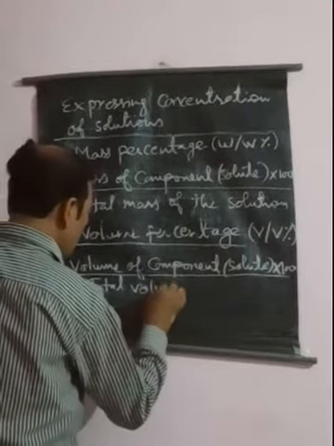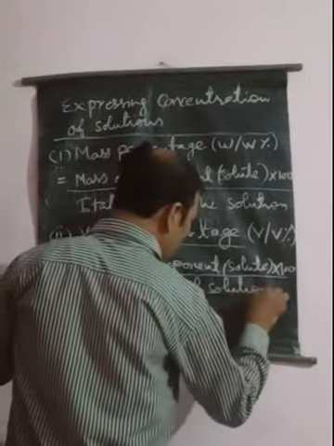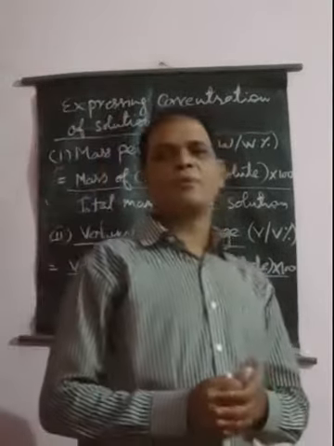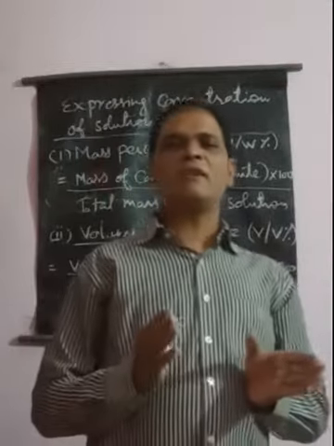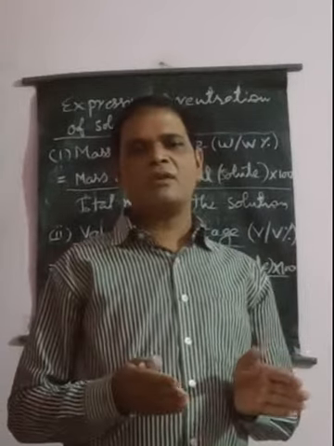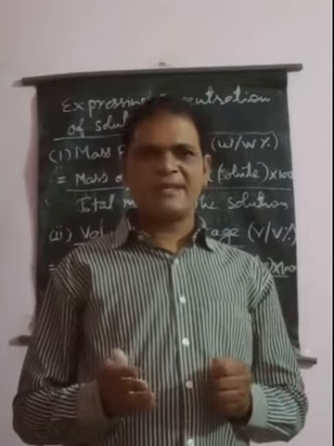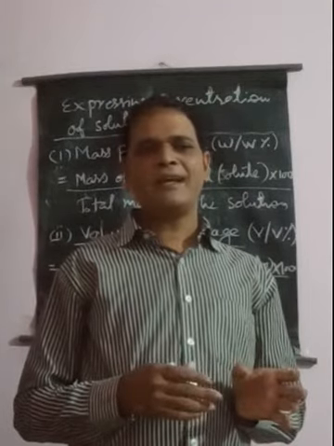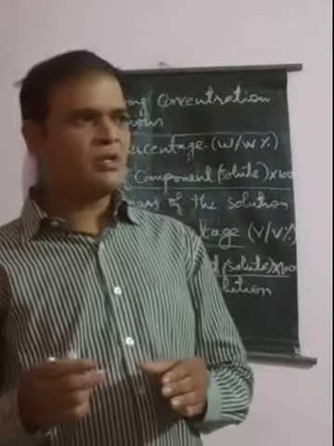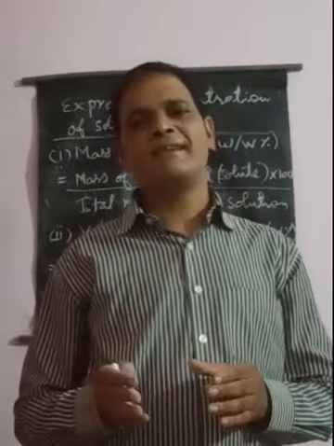Now what is the importance of this method? Generally the antifreeze, which is produced by dissolving ethylene glycol in water. In this solution 37.5% of ethylene glycol is present in water, and that can decrease the temperature of this solution up to minus 17.2 degrees centigrade.